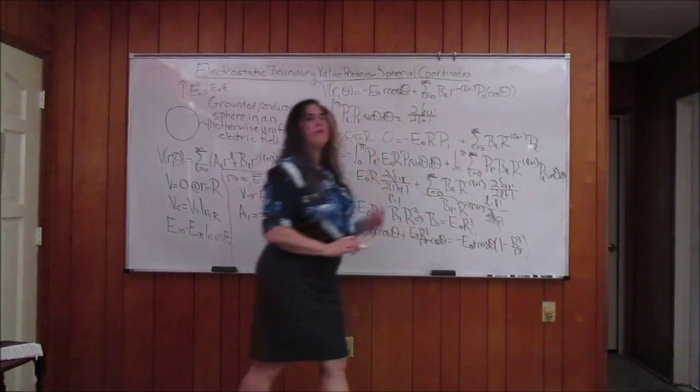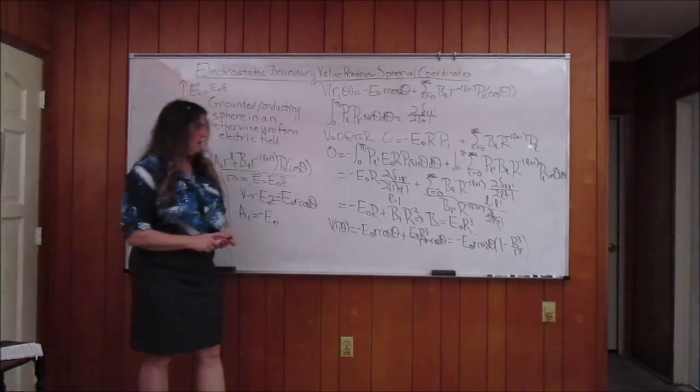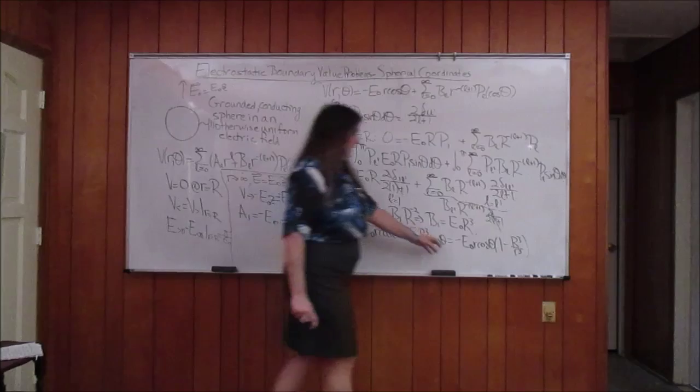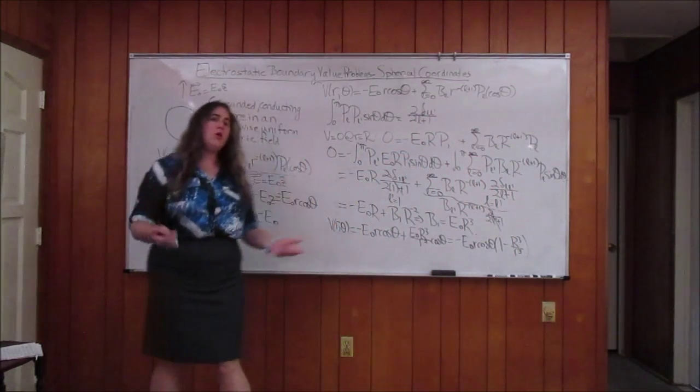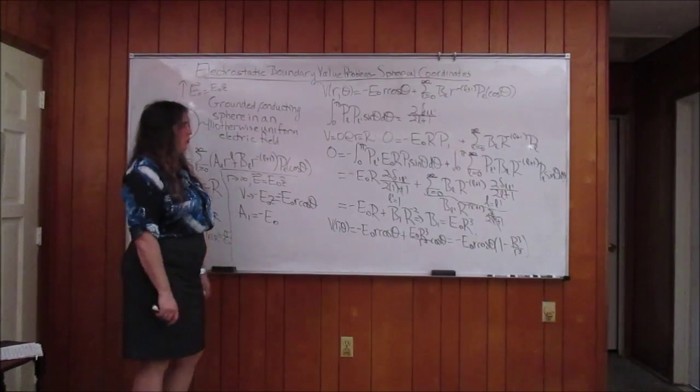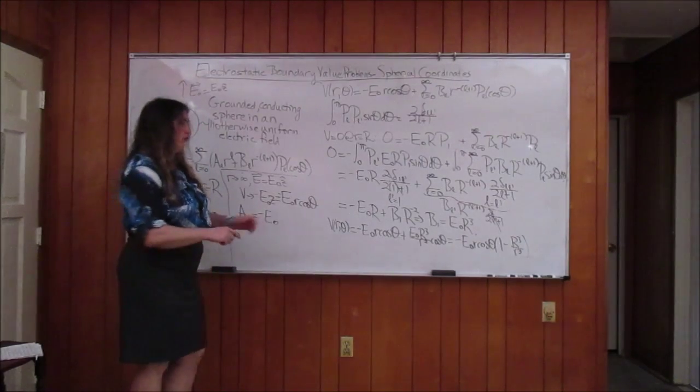Some people like to factor out the E naught R cosine theta, and I'll leave you with minus E naught R cosine theta times 1 minus radius of the sphere cubed over the radius of the observation point cubed. And that's your answer.